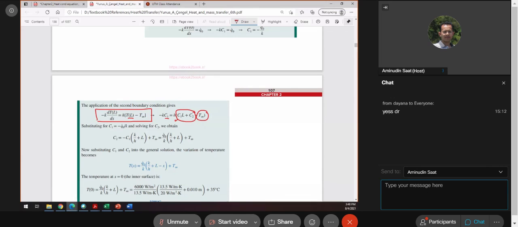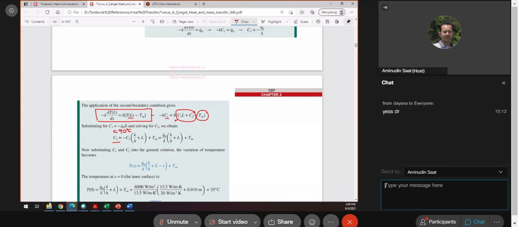You rearrange this so that you can find the C2 term. Here C1 is negative q naught divided by k, but in our case C1 equals 90 degrees Celsius. So you just replace C1 with 90, and then you should get the C2 term.